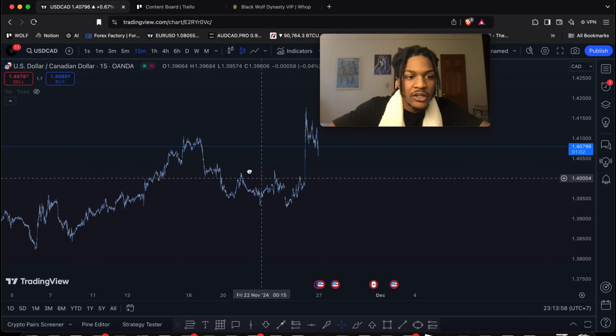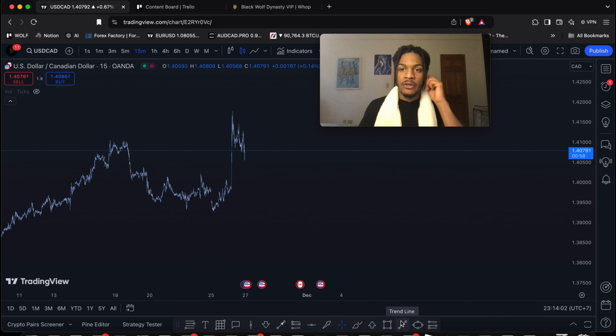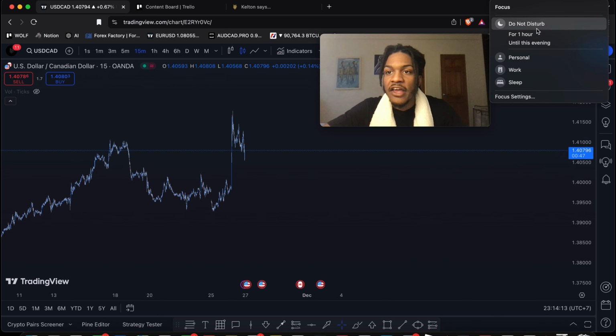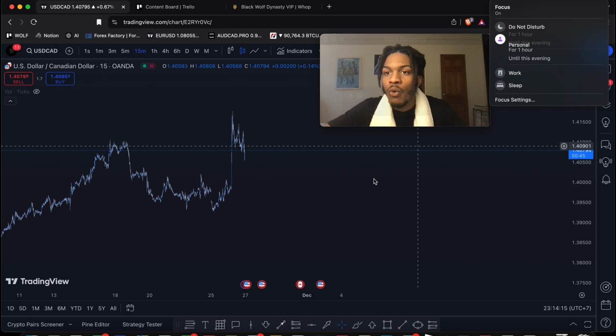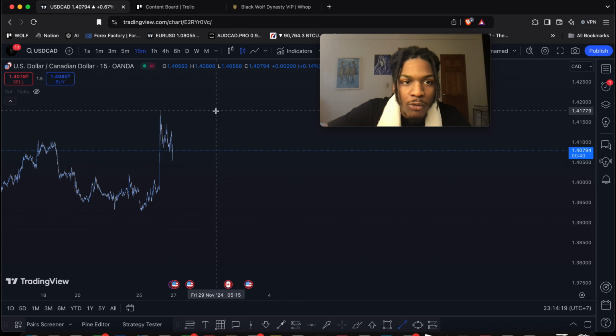So the first step to identifying the trend is identifying your current market structure. You're probably used to trading trend lines, but we're doing structure. So the first thing you're going to want to do is take your white line, which should be a white trend line tool here, and you're going to want to zoom all the way out.